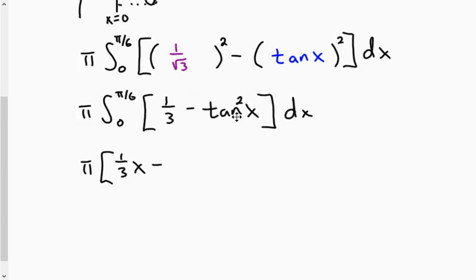Now, this makes it a little more difficult, because I was just getting ready to say if we have tangent, I would make it sine over cosine and do u substitution. Tangent squared, I'm not quite sure of. So maybe on this next page here, I'm just going to do this individually. How do I integrate tangent squared with respect to x? Well, the answer is I don't know. I don't think you can.